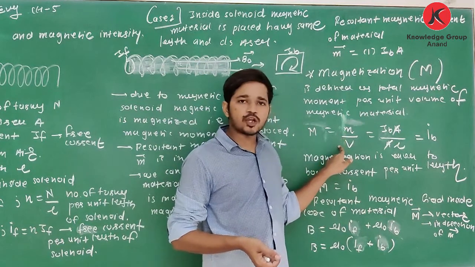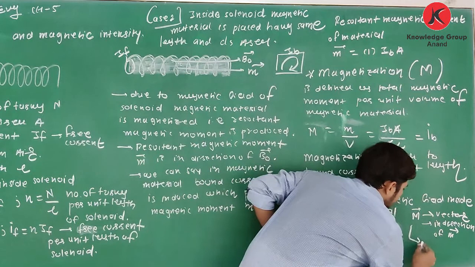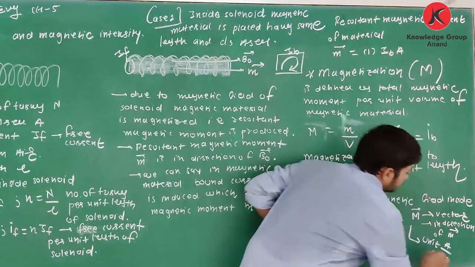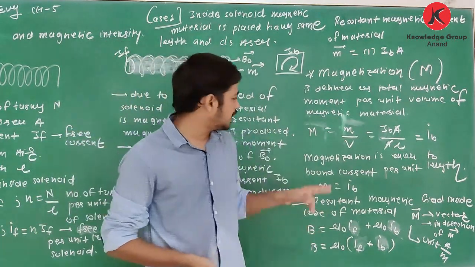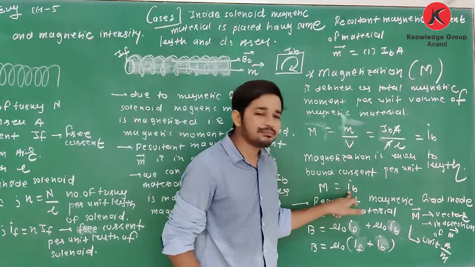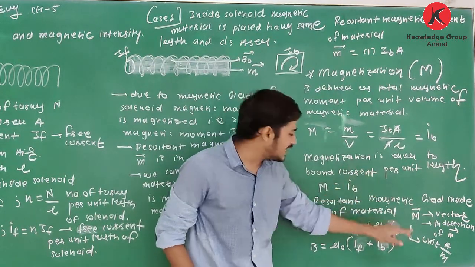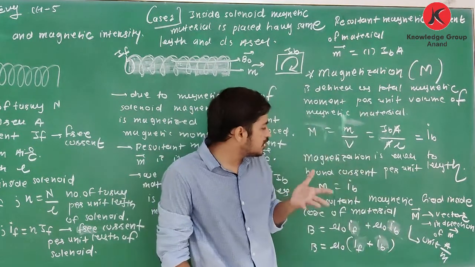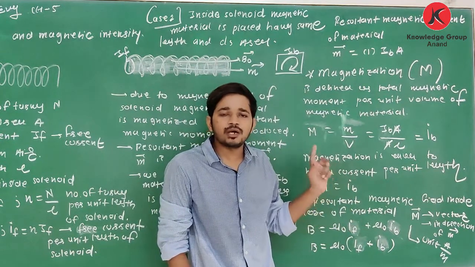The unit of volume is meter cube. So its unit is ampere per meter. Or how to easily define its unit? M is equal to ib, and ib is bound current per unit length, current per unit length. So the unit of magnetization is ampere per meter.